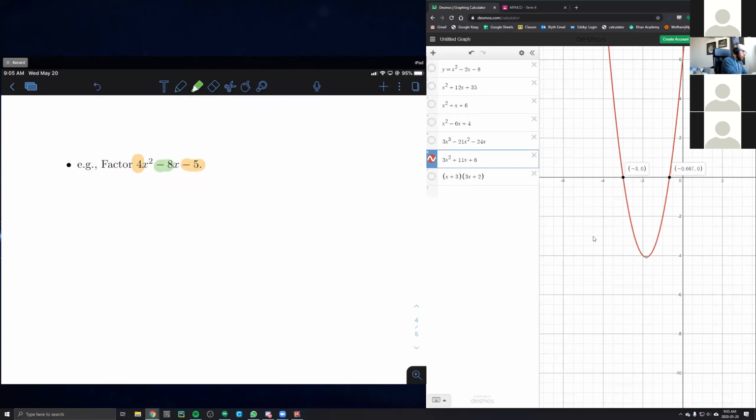Okay, so we are trying to multiply to get to 4 times -5, so multiply to get to -20. And we have to add to get to -8. Anyone want to take a stab at those 2 numbers?